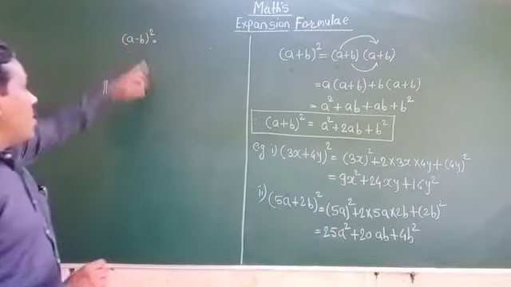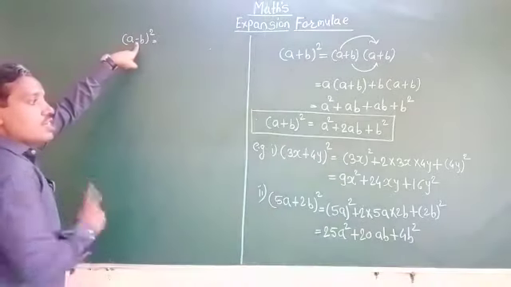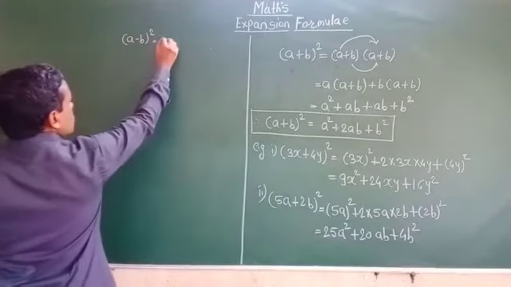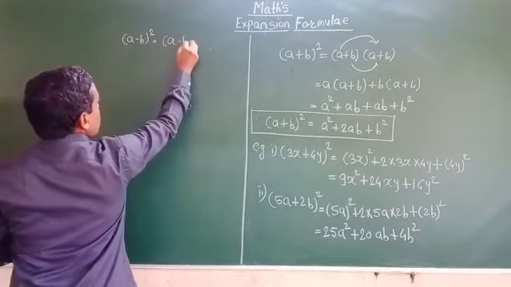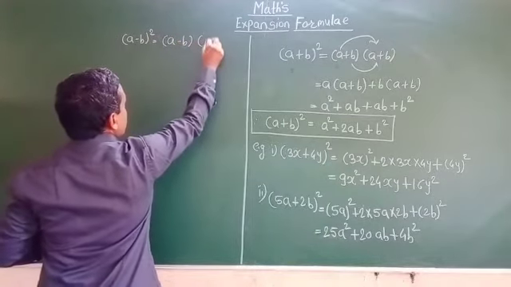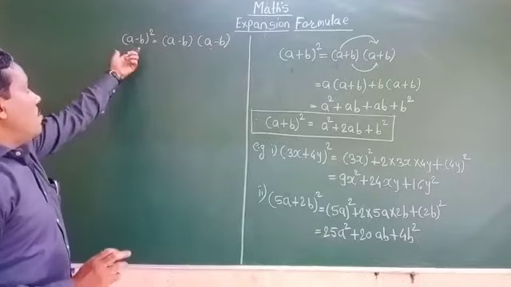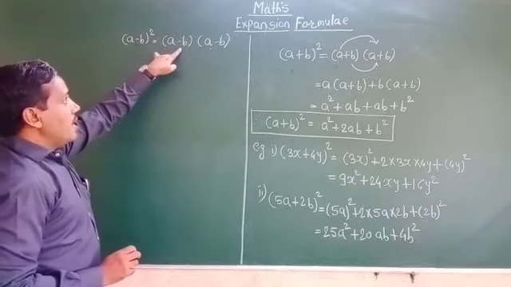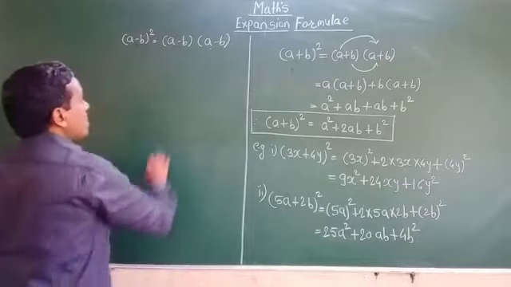It is also a binomial, and in it only the sign is changed. So again we split it into two binomials in product form: in the first bracket A minus B, in the second bracket again A minus B.